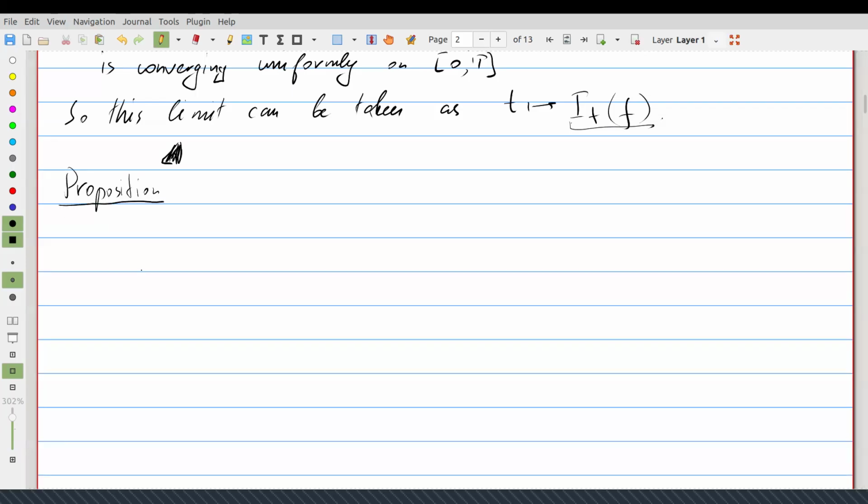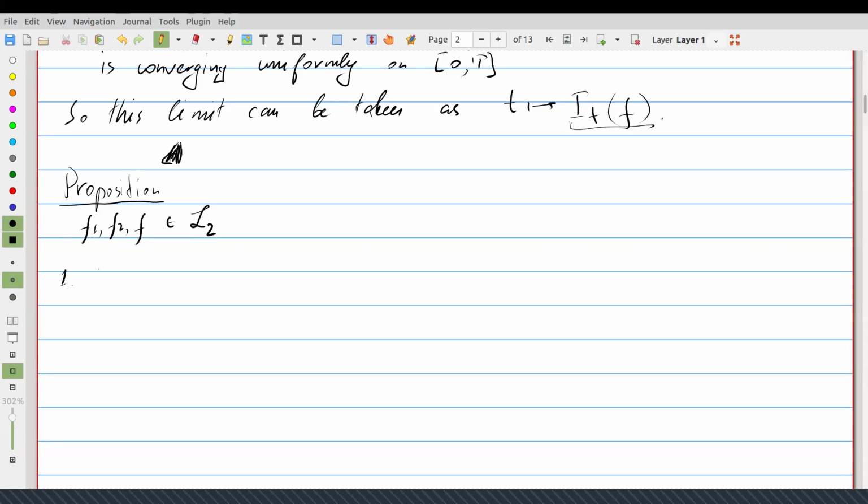So now we can establish an analog of corresponding results for just progressive processes, square integrable over the product measure.